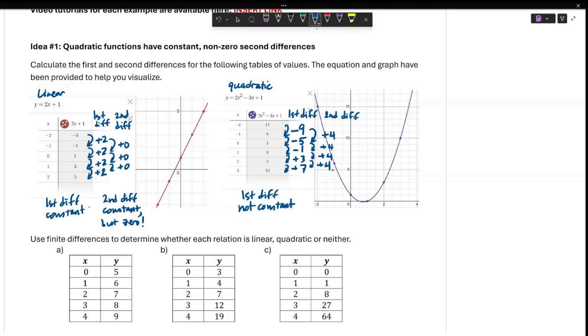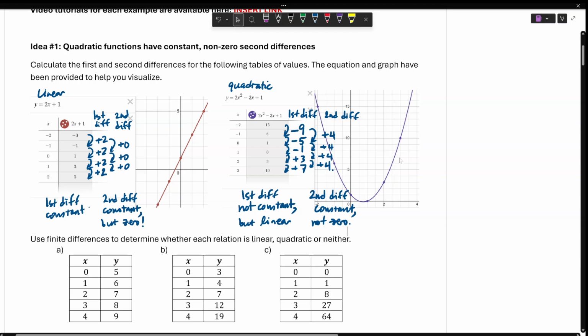So not only can we say it's not constant, we can say the first differences are linear, and the second differences are constant and also not 0. So that's how you tell the difference between a linear and quadratic function based on the table of values using so-called finite differences.